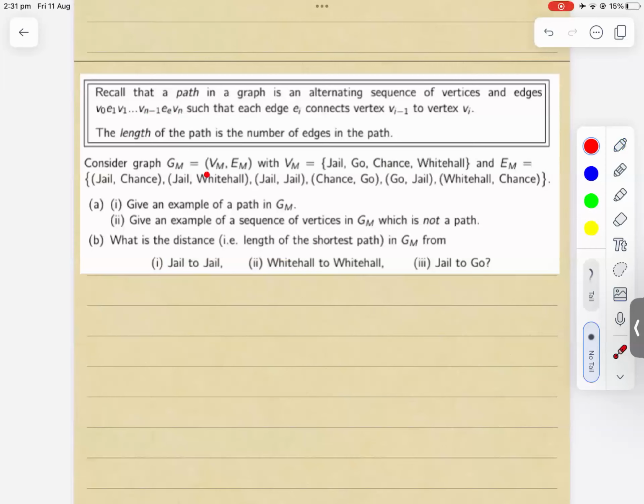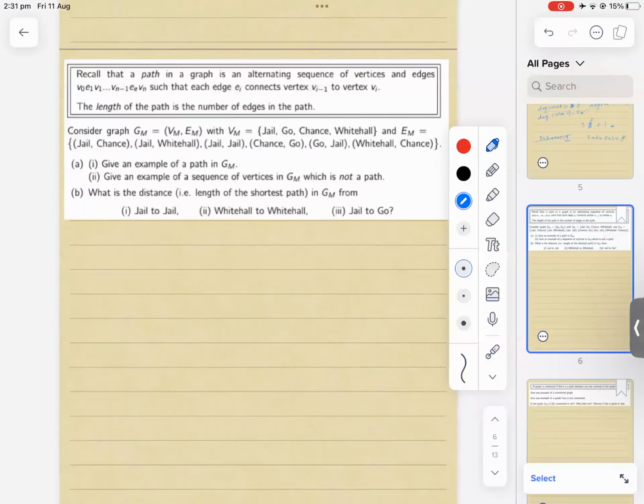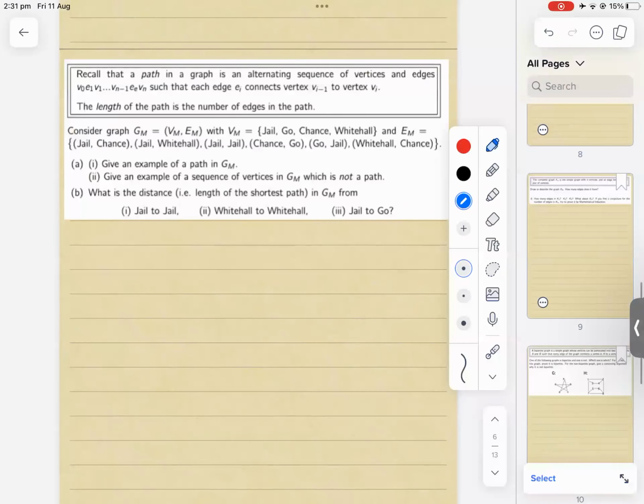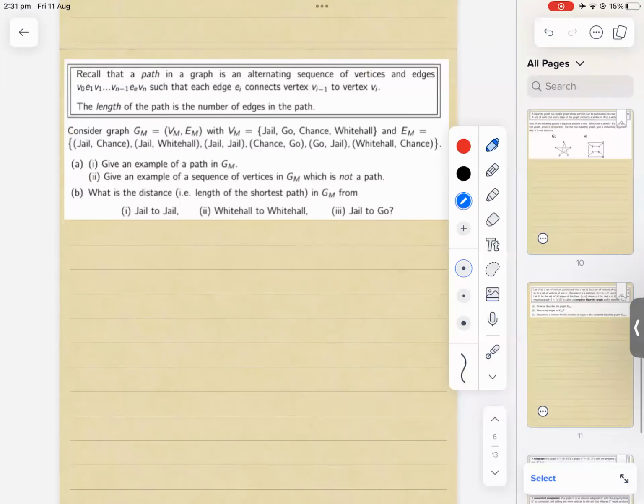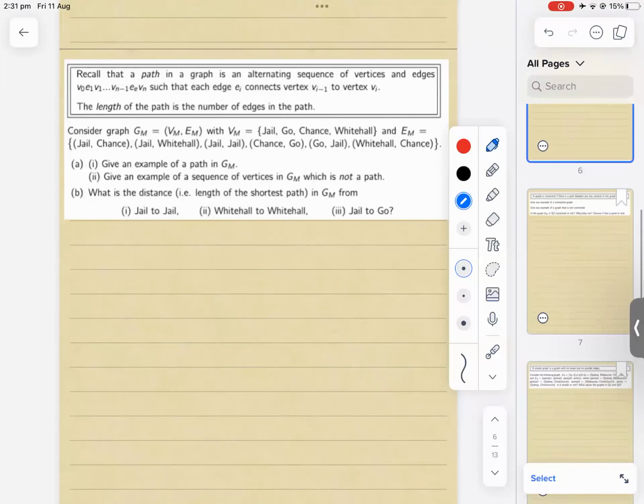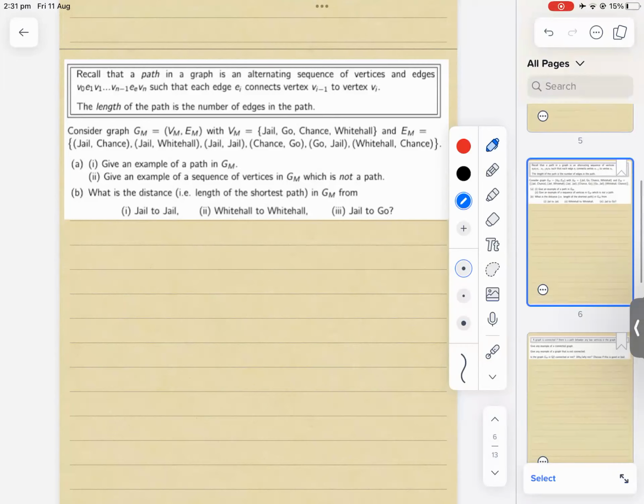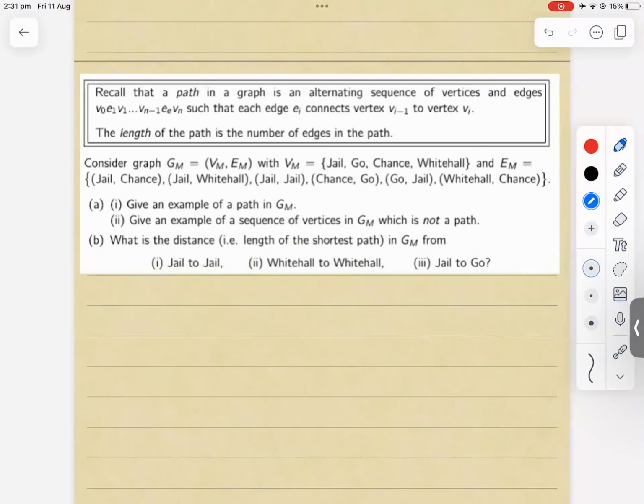So V1 is this one: jail, go, chance, Whitehall, sorry. So here, please be with me.